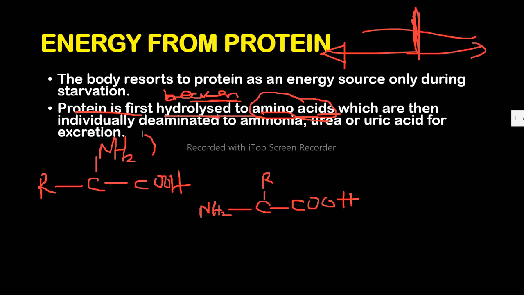So if I remove this amino group, are you seeing? And maybe I add a keto group on this carbon atom, and then I reduce this. Or even if I don't add, but if I remove this amino group and add a keto group, it becomes something like this.